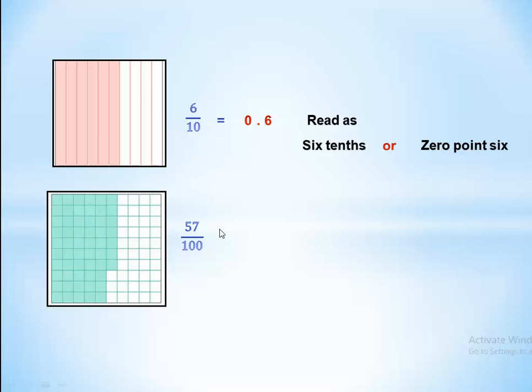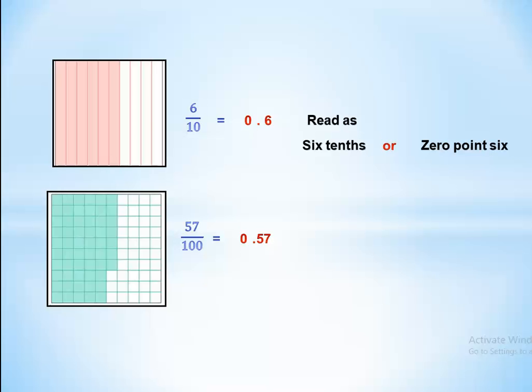We will put 57. And how many zeros in 100? We have 2 zeros, so count 1, 2 and put the decimal point, because here we have two numbers and 2 zeros, so we put the decimal point after the numbers, and 0.